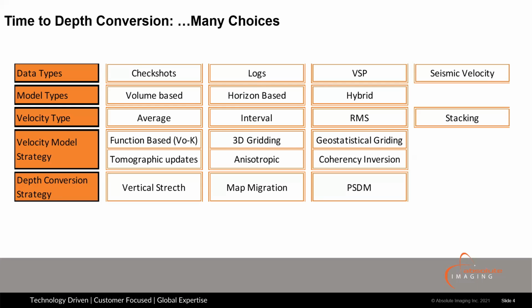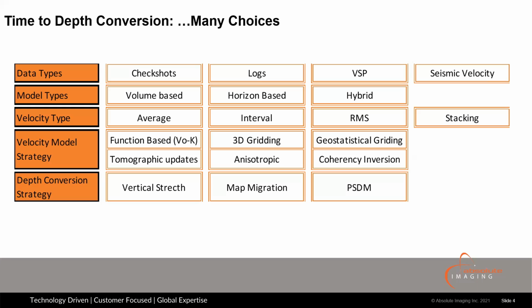On the model strategy, how you implement the conversion from time to depth: you can put one function to apply across the data, or you can have a kind of gridding in a 3D sense. You can guide this 3D gridding with geostatistical gridding as well, so we can introduce other data that can drive the gridding.